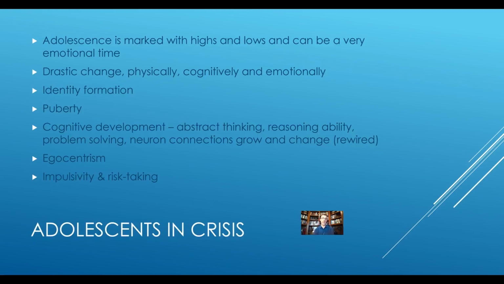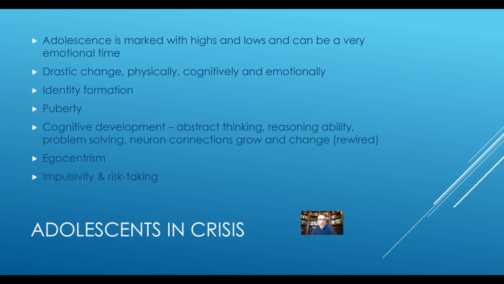They've got to negotiate puberty and sexuality and understanding how that works within themselves as well as between the opposite sex. Back to some of Piaget's stuff, this is where their abstract thinking skills and reasoning skills match many adults, especially by the time they get 17, 18-ish. They're there to a large degree.